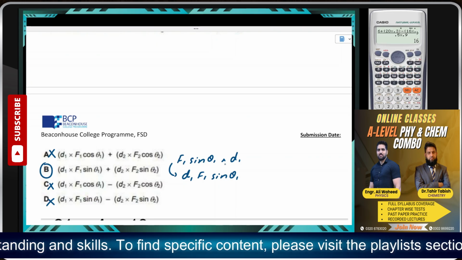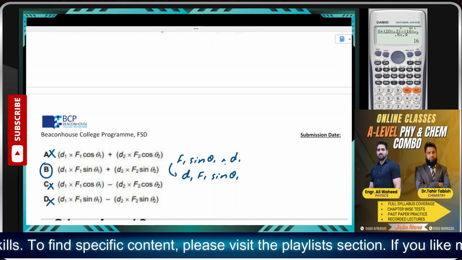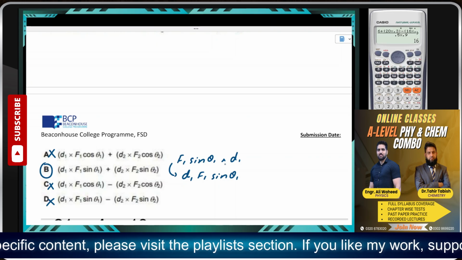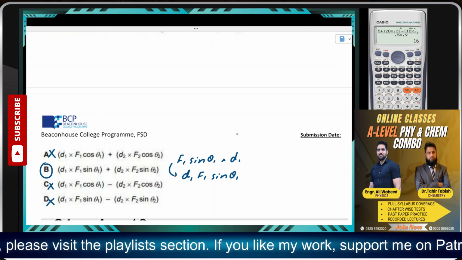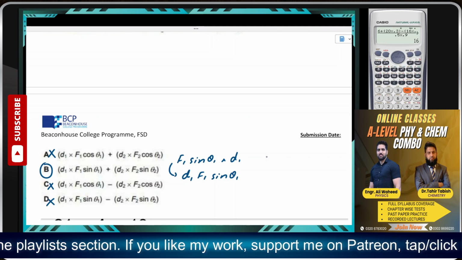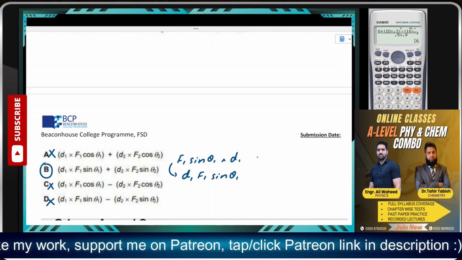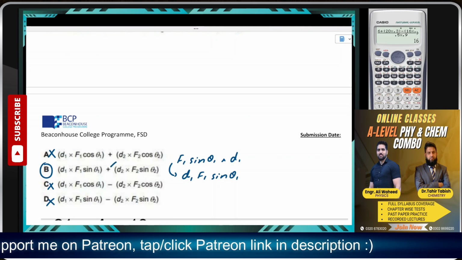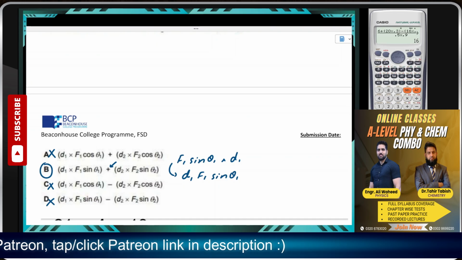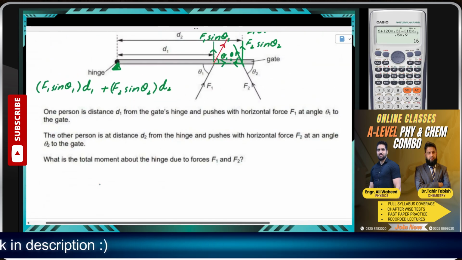You can change the order, and the answer would be the same. And likewise, F2 sine theta 2 d2 can also be written as d2 F2 sine theta 2. But the key indicator is the moments were being added and it was sine instead of cos.